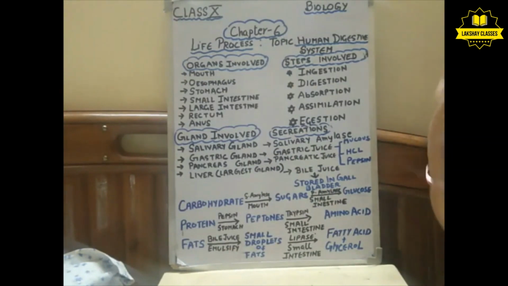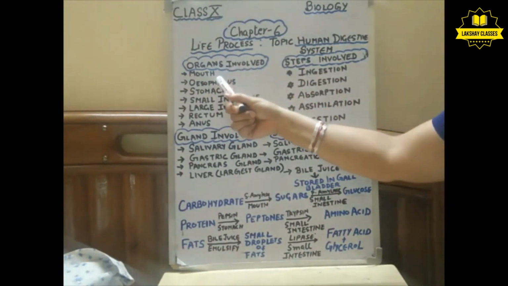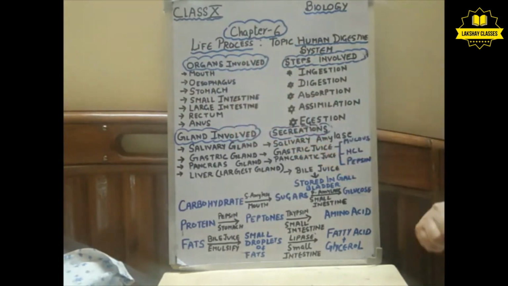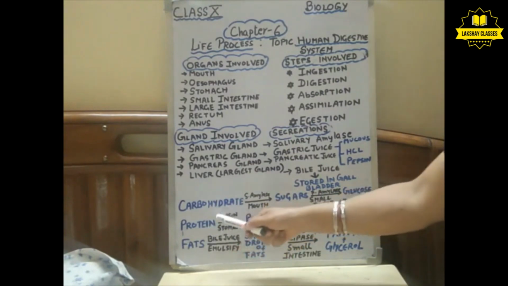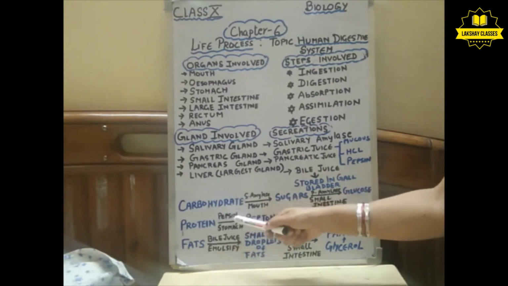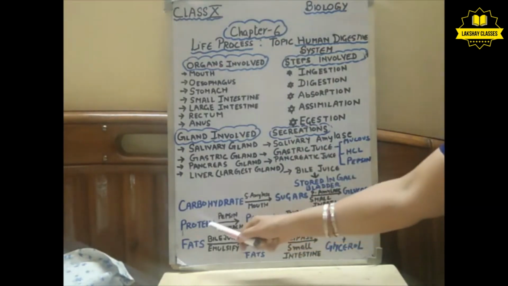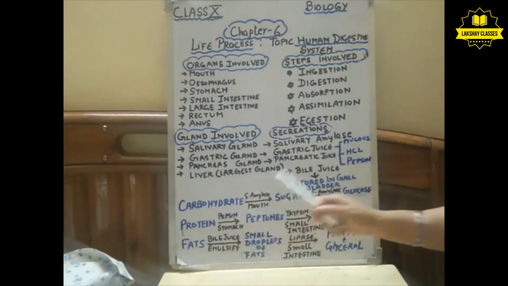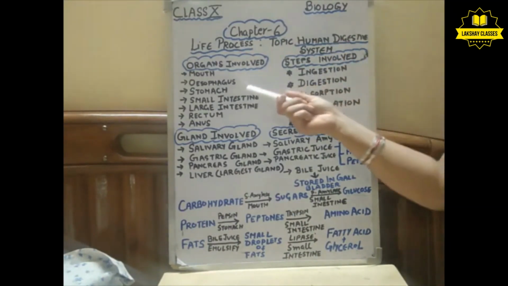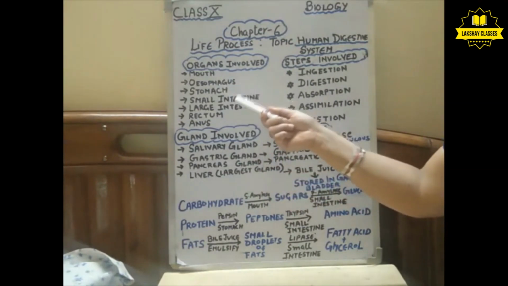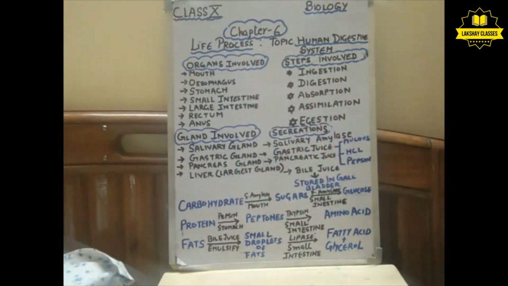Carbohydrate is partially digested in your mouth, and now the digestion of protein will start in the stomach. There is a pepsin enzyme which, in presence of acid, will break proteins into peptones. Right?